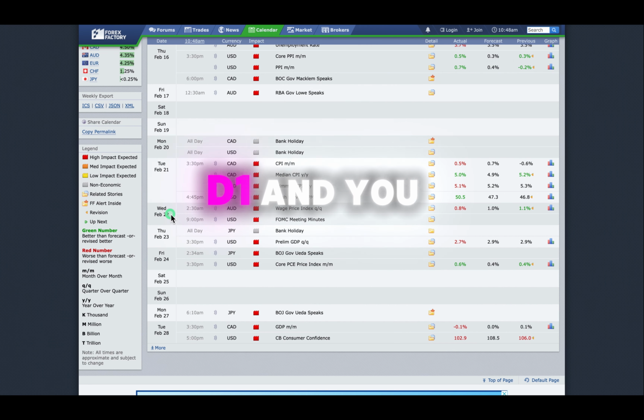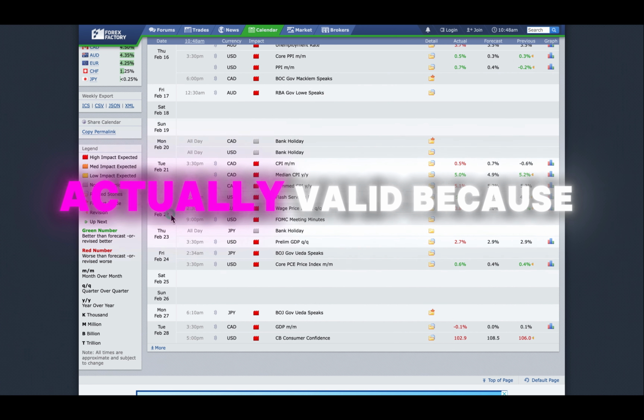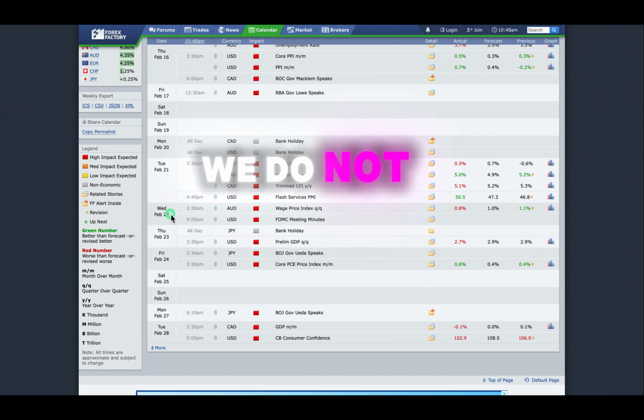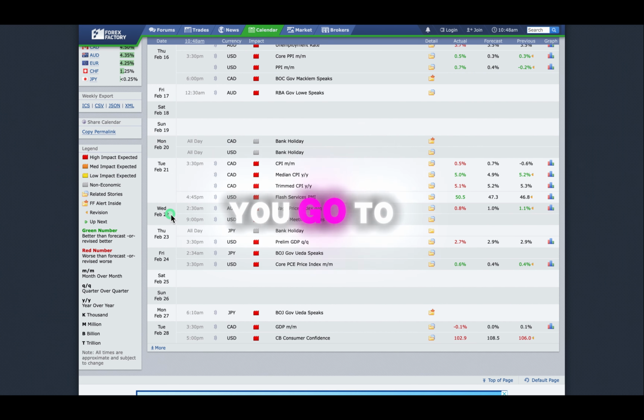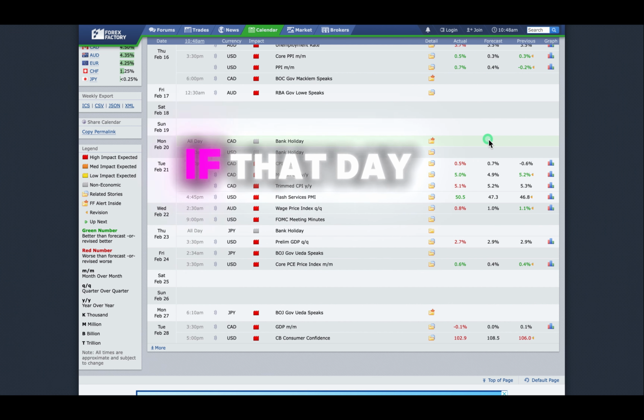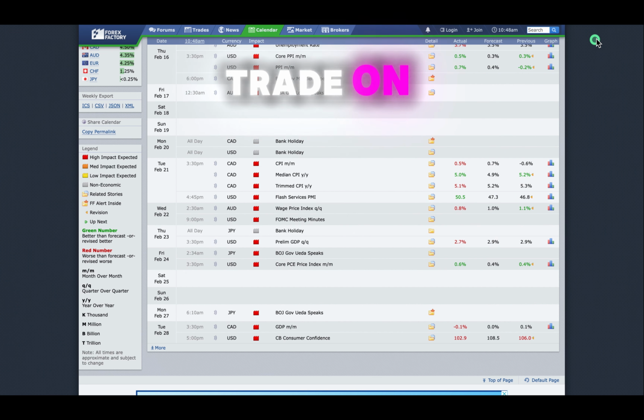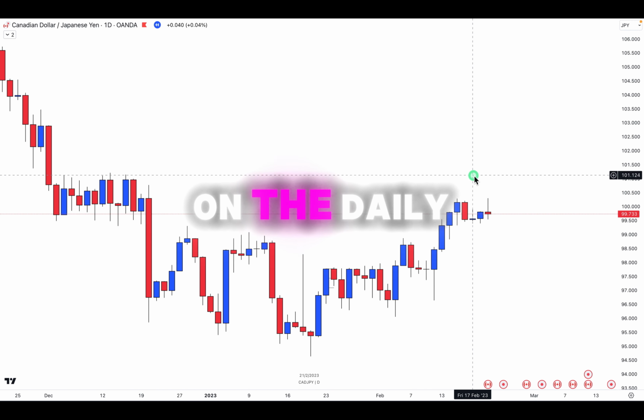Let's go to D1 and see if this day is actually valid, because we do not depend on the calendar only. After seeing the calendar proves the day is valid, you go to D1 and see if that day is actually valid for you to trade on.